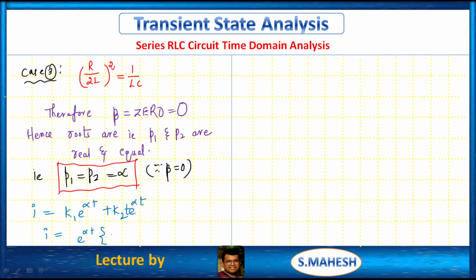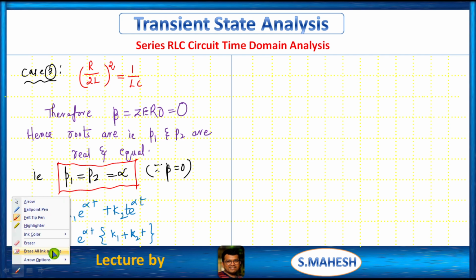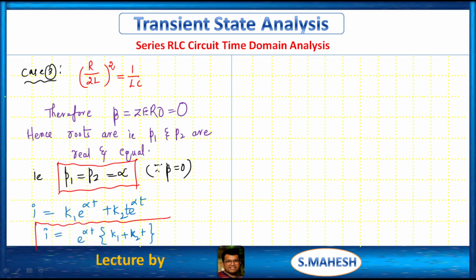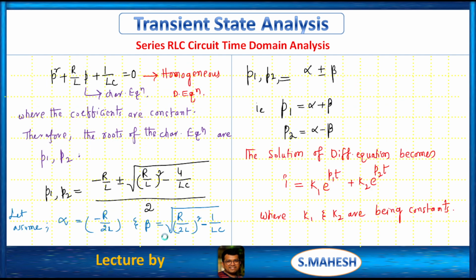Don't worry, if you have clear-cut knowledge of differential equations, you will be able to get these responses. Don't worry, you will have differential equations in mathematics. That's it. This is about case 3. Okay, very simple analysis. Listen carefully.